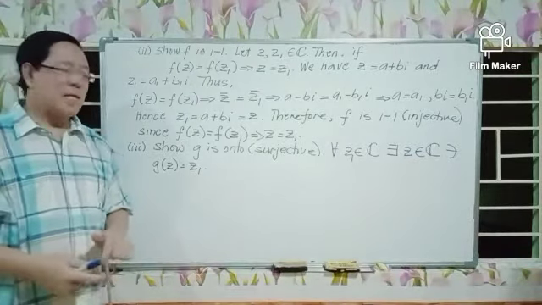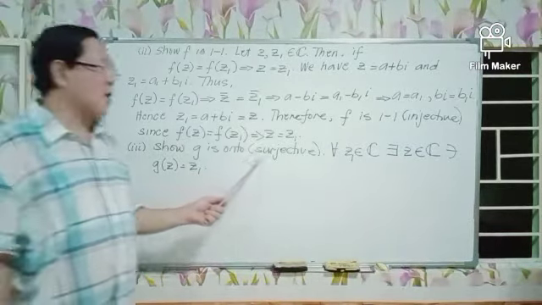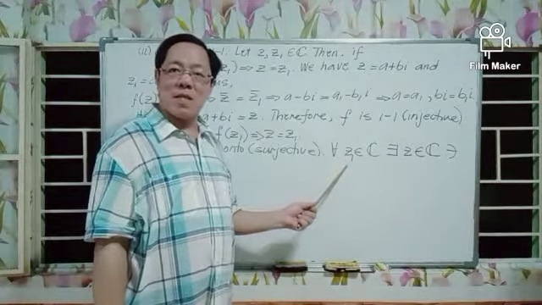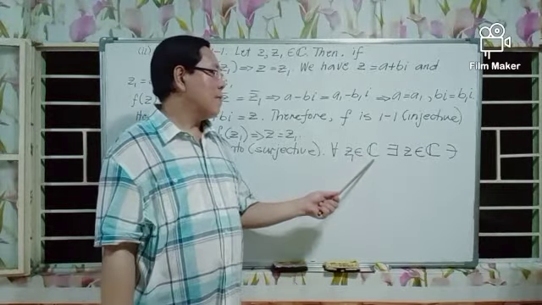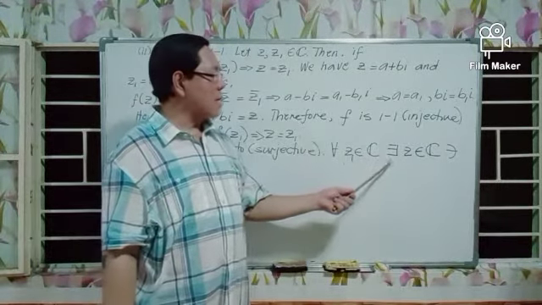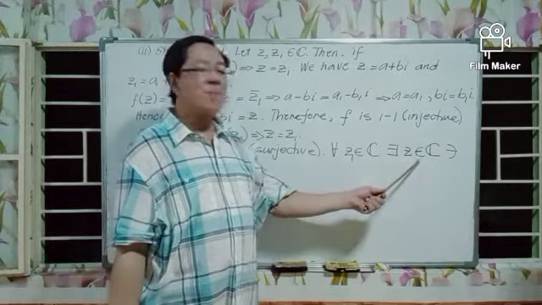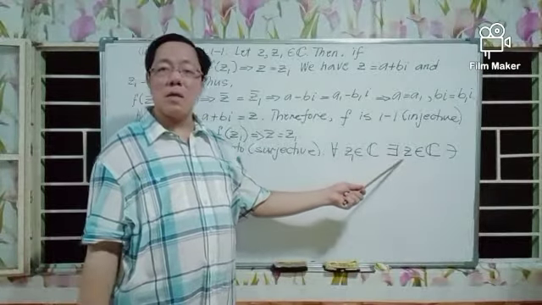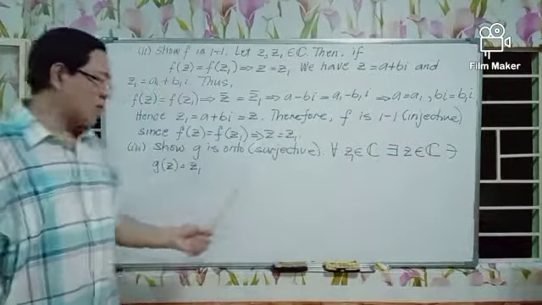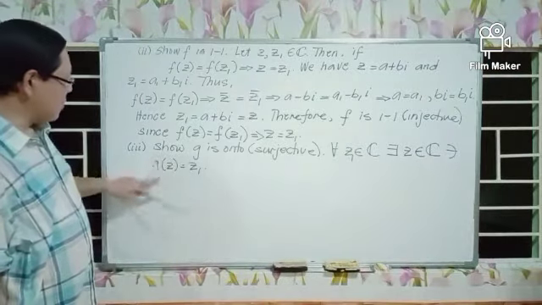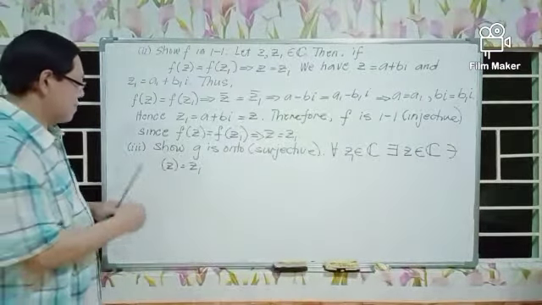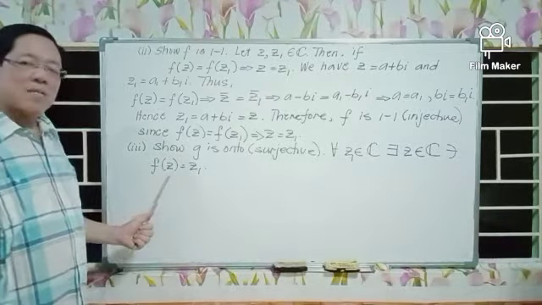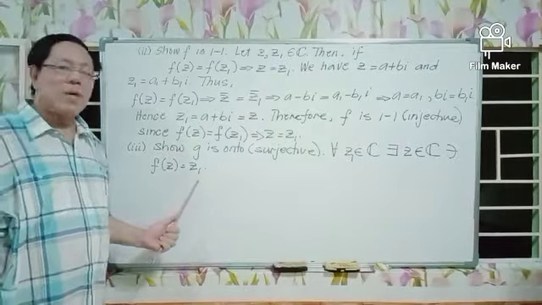We show that f is onto, or a surjective function from c to c, and we do that by showing that for every c sub 1 element of c, this is the codomain c, there is a complex number c element of c also, the domain is also c, such that the image of this complex number c under the function f is equal to c sub 1.